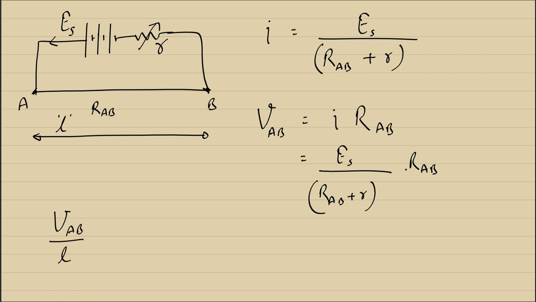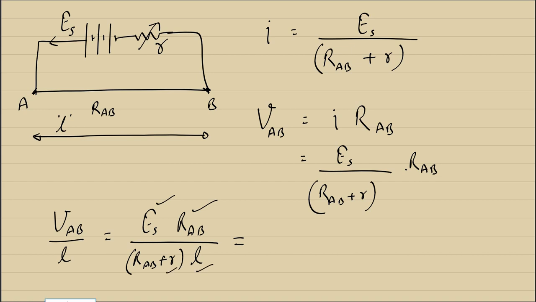We can write this as E_s RAB upon RAB plus small r, by L. Now if you observe closely, all the parameters involved, E of source, RAB, small r and L, are constant.